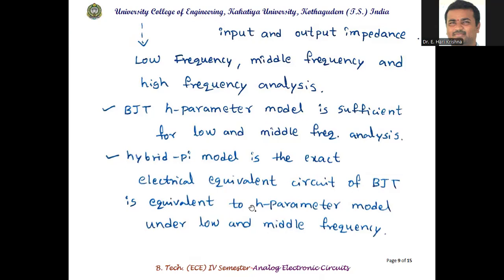The hybrid pi model is the exact electrical equivalent circuit of the BJT. But we can say that by making high frequency substitution and making assumptions, it is equivalent to the H parameter model under low and middle frequency analysis. It will be equal. So that's why we discussed in EDC the H parameter, which is sufficient enough for low and middle frequency analysis.